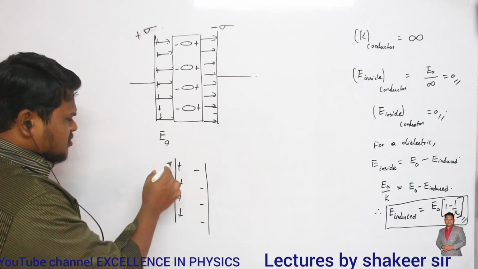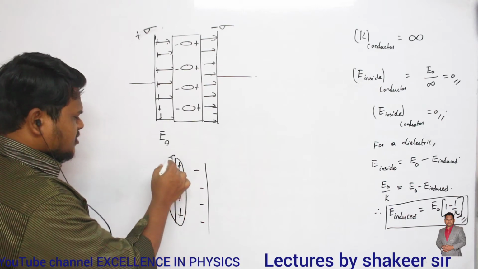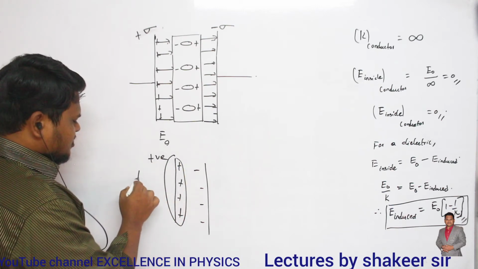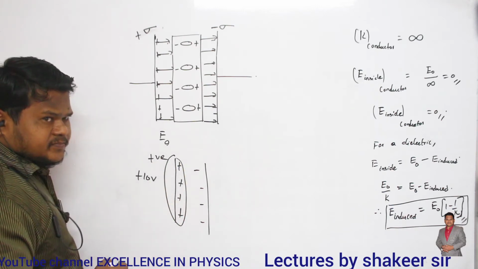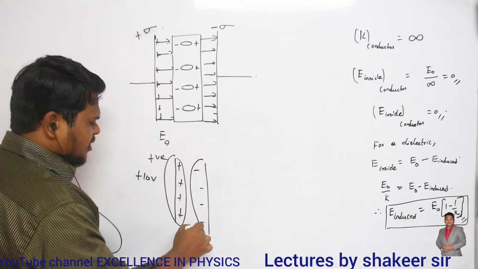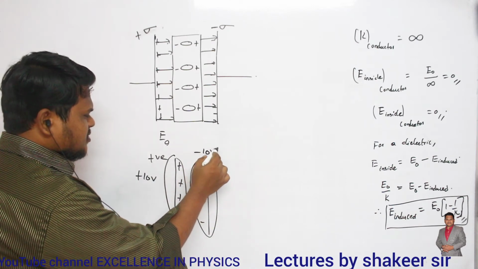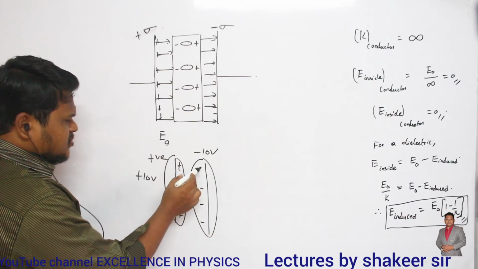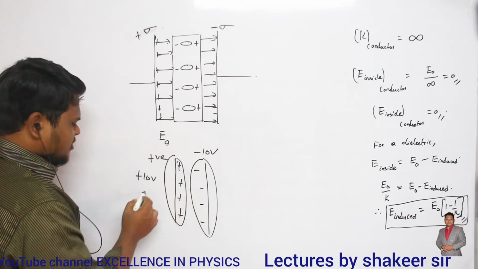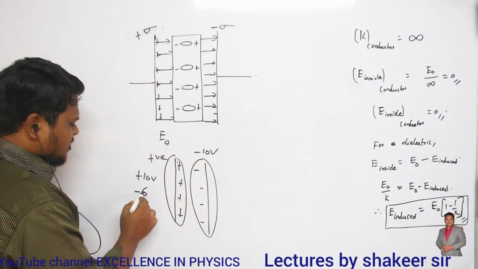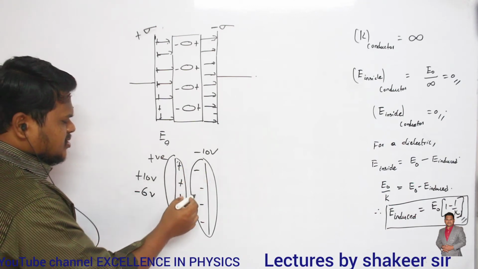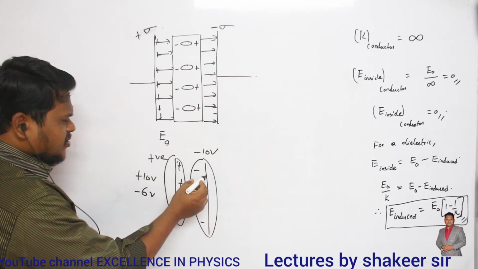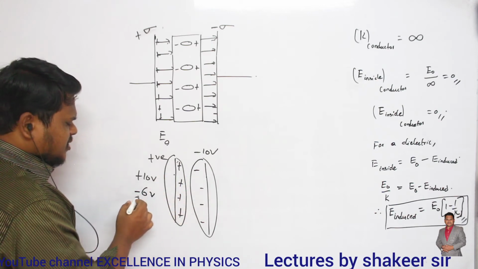On this plate, positive potential is present, plus 10 volts. And on this plate, minus 10 volts is present. But this plate is at a small distance from this one. So the potential acting on this one is, for example, minus 6 volts. The potential which is acting because of this negative plate on this positive plate is minus 6.